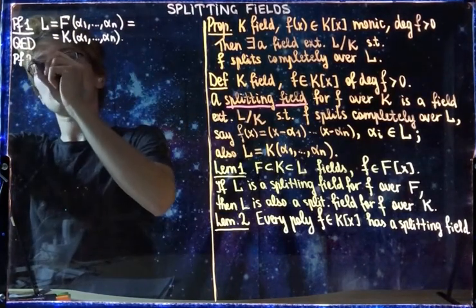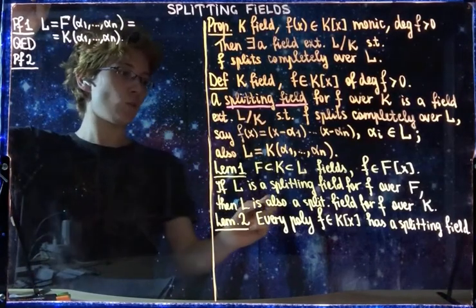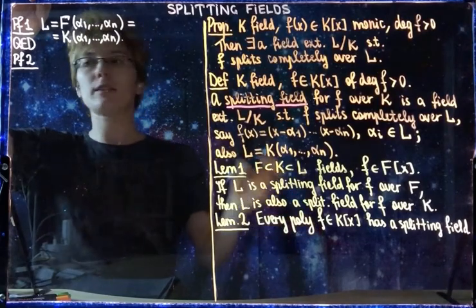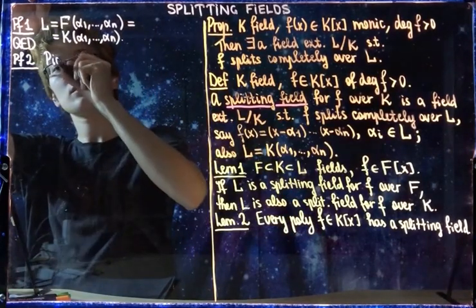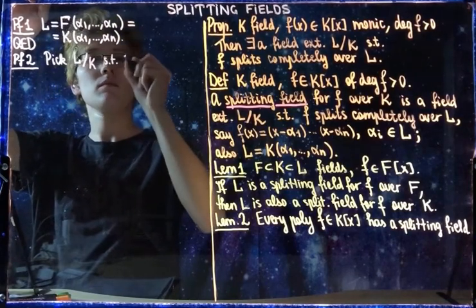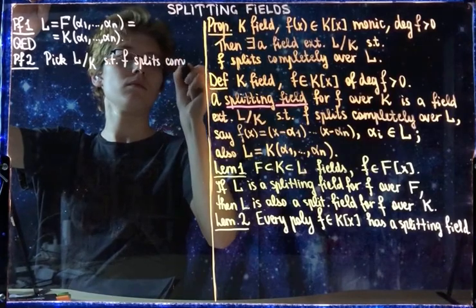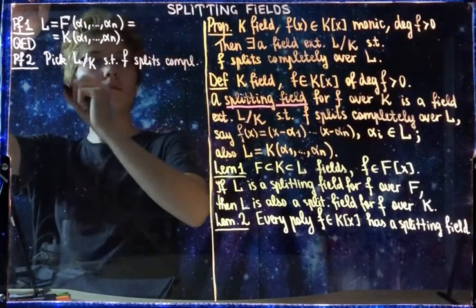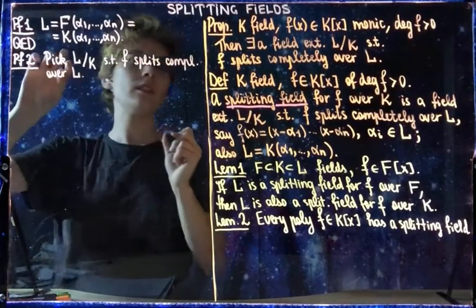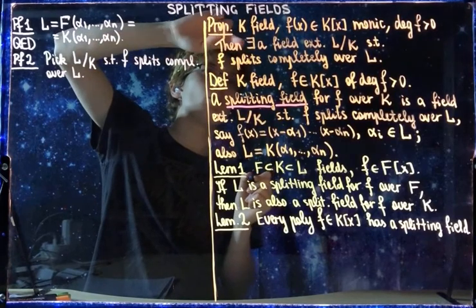So the proof of lemma 2 is that we pick L where F splits completely over L. Such an L exists because of this proposition that we have just proved.